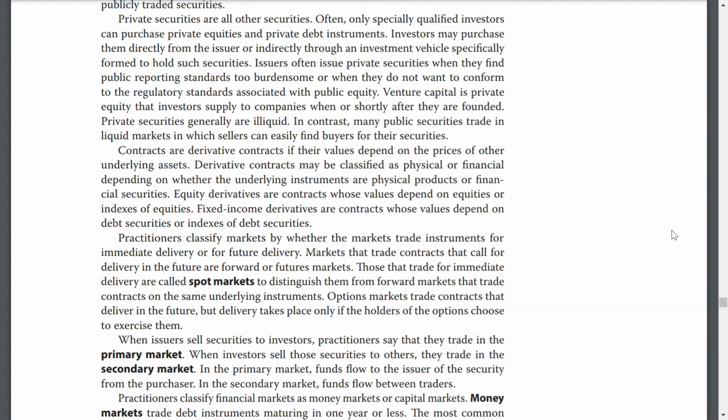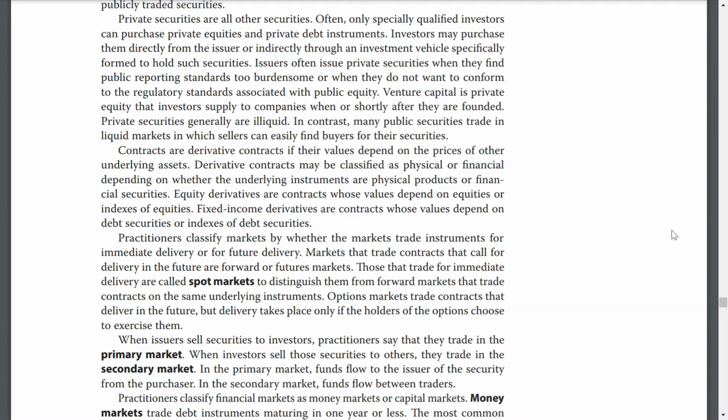Contracts are derivative contracts if their value depends on the prices of other underlying assets. Derivative contracts may be classified as physical or financial depending on whether the underlying instruments are physical products or financial securities. Equity derivatives are contracts whose value depends on equities or indexes of equities.